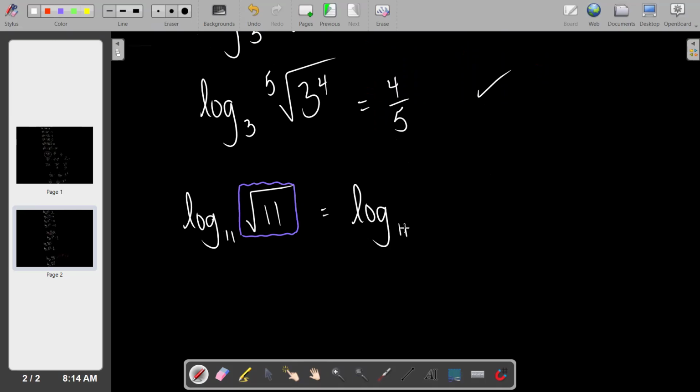Yes. So this problem really says log base 11 of 11 to the power of 1/2. By creating that redundancy, the answer just falls right onto your paper. What is the answer? 1/2.